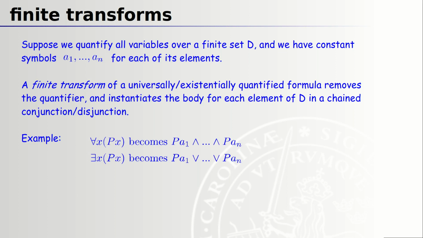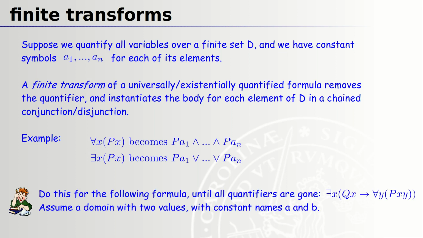It's similar to loop unrolling, a program transformation in which bounded loops are replaced by copy-pasting the loop body the appropriate number of times, replacing the loop variable with a corresponding constant. Do a finite transform for this little formula, assuming that its variables are quantified over a two-element set with elements A and B.